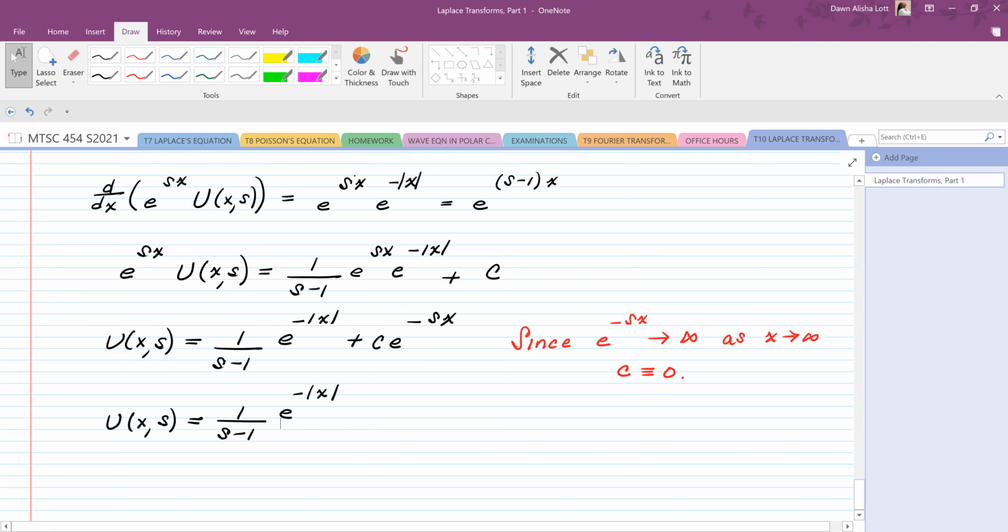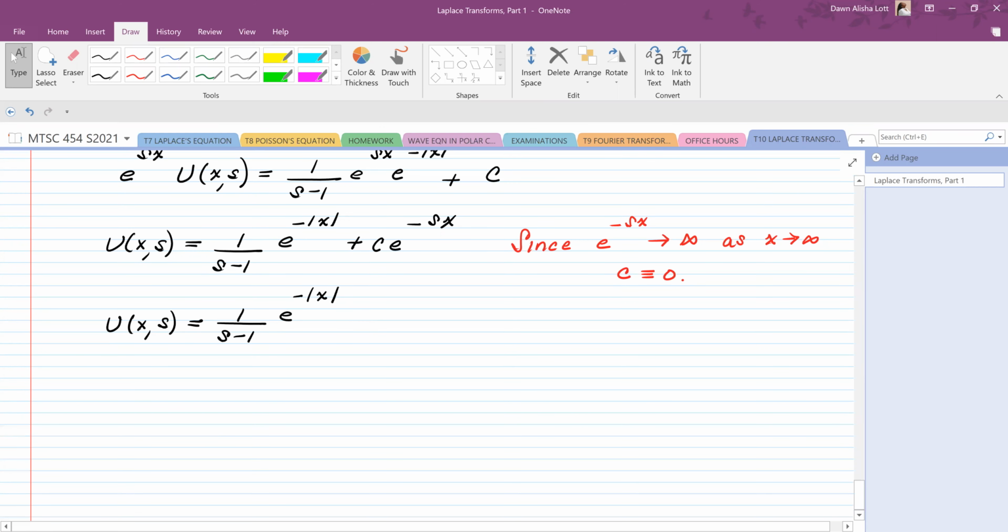So something's not right. I got to figure it out. Inverse transform of this. But that's e to the minus absolute value of x, and this becomes e to the t.